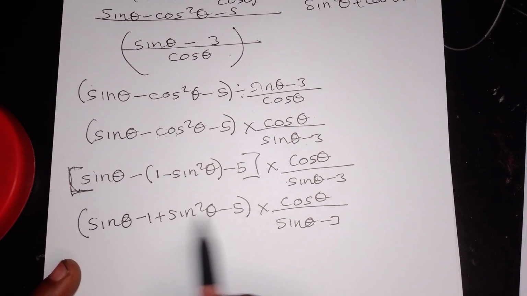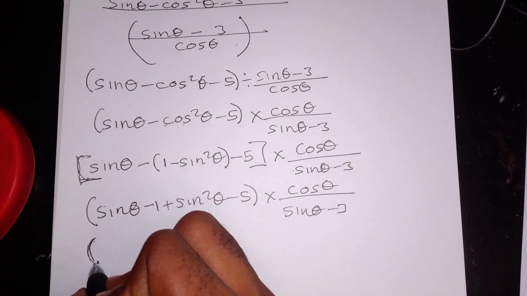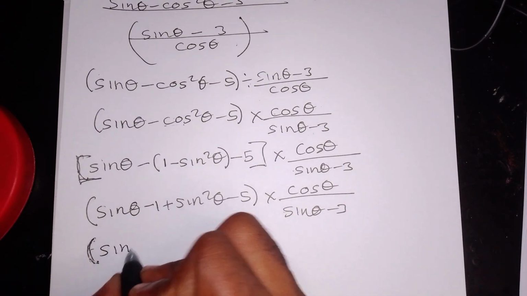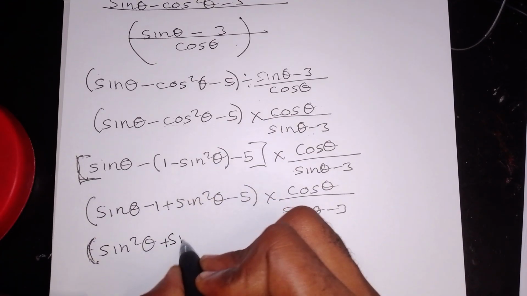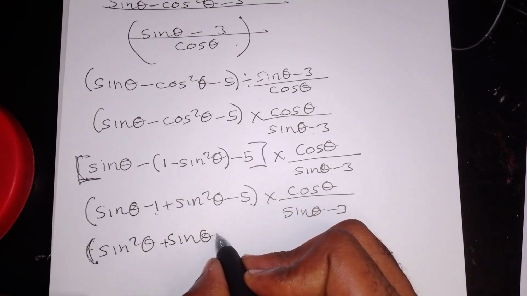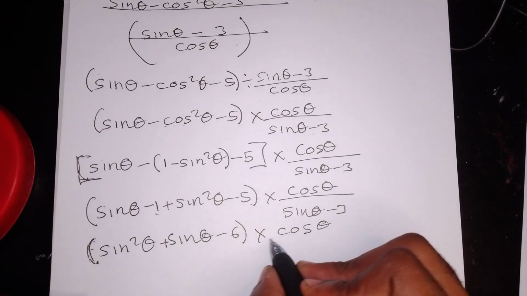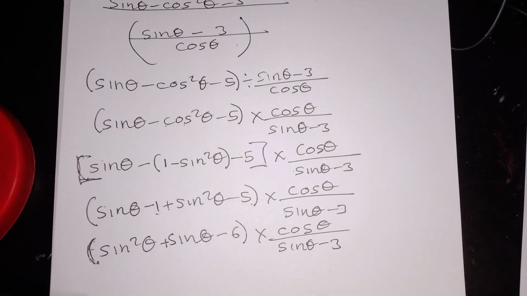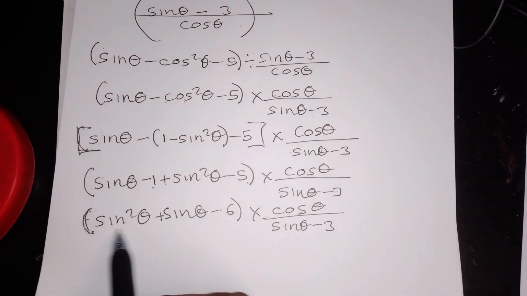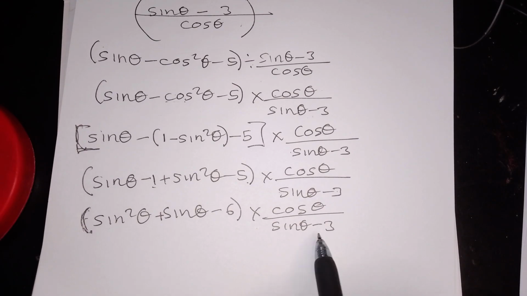And then as you can see, this is a quadratic expression, so we can just write our sine squared theta here, and then plus sine theta, this and this, we have a 6 being multiplied by cos theta over sine theta minus 3. So now I have to factorize this so that I can have an expression like this.